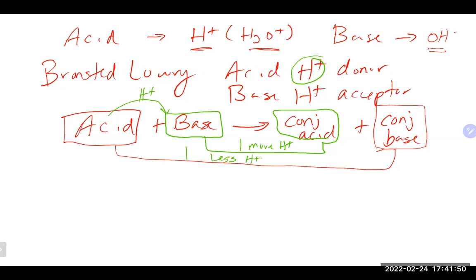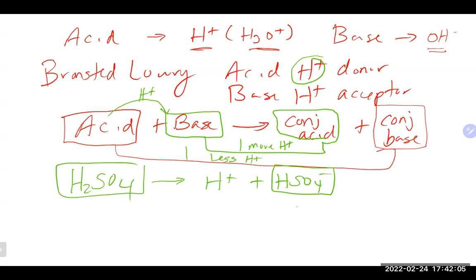And that is why, as we talked about at the end last time, H2SO4 is a partner with what happens when it loses one H plus. So these two guys are partners. The next step that occurs is that species that already lost an H plus will continue to lose one more H plus.